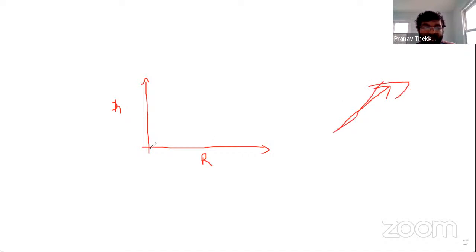So what happens initially? Initially, the ball will start rising. So height will increase and distance will also increase. Then it will go to the maximum height, and then the ball will start dropping down, right? So this is how the ball has traveled with respect to height and with respect to distance.